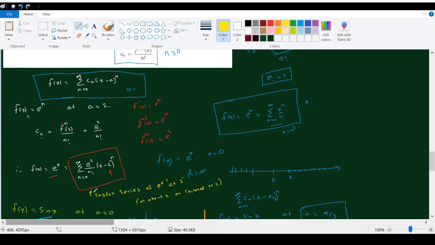Now, the main point I wanted to highlight is this name, Taylor series, right?